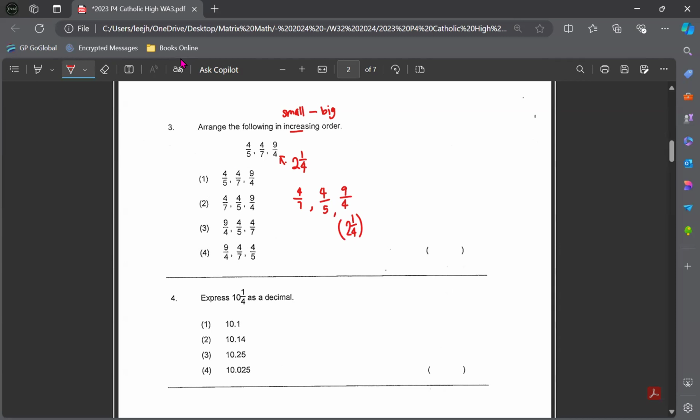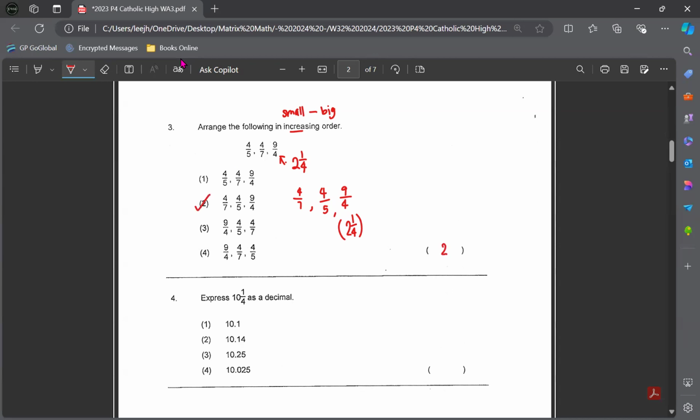Okay, this is the arrangement. Look at this, 4 over 7 and 4/5. It's like when you have the same numerator, the denominator is different, but with the bigger denominator, it means that the part that you take will be lesser. So that is why 4/7 is smaller than 4/5. So your answer will be number 2.